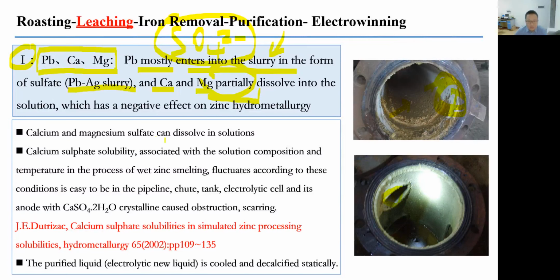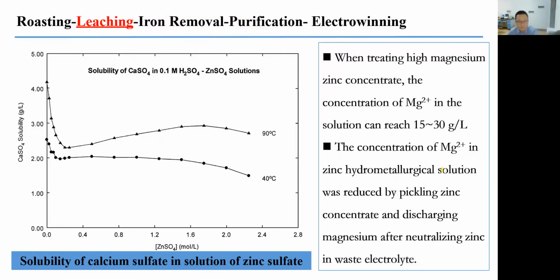And they can dissolve slightly or partially into the solution. So we have to try to control or remove them in some ways. And this is the solubility of calcium sulfate in the simulated solution phase.